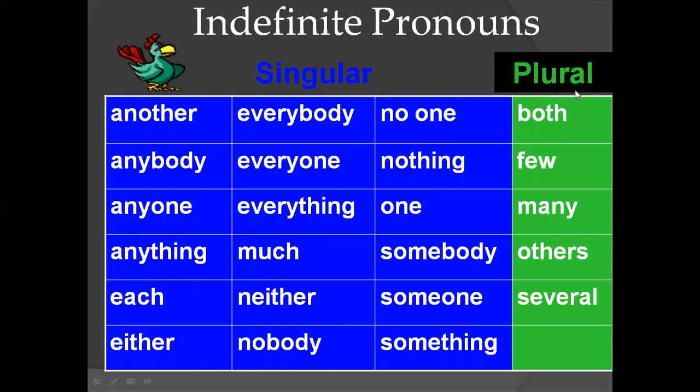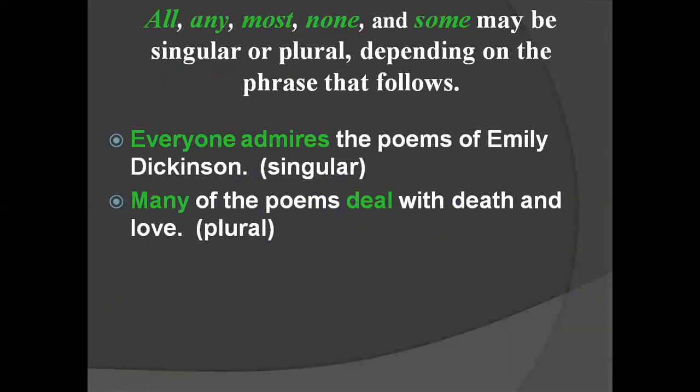And in plural form, both, few, many, others, several: they all of them should be used in plural form. And other indefinite pronouns, for instance all, any, most, none, and some, may be singular or plural, depending on the phrase that follows. Yes, it depends on the sentence.